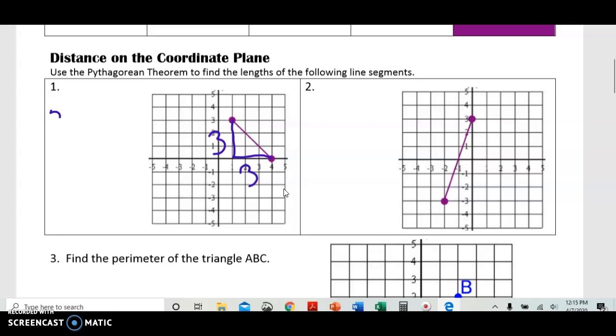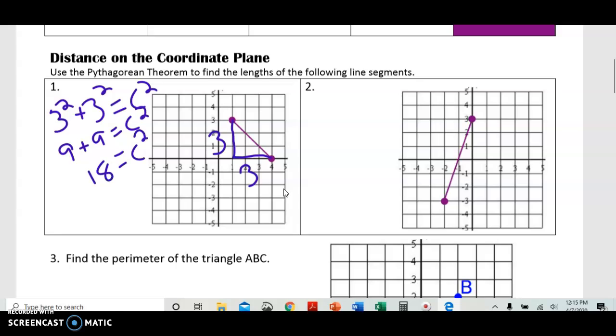So we're going to have 3 squared plus 3 squared equals c squared. So we'll have 9 plus 9 equals c squared. We have 18 equals c squared. Get rid of that exponent by taking the square root of both sides.